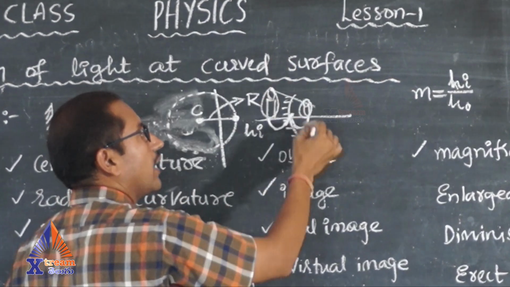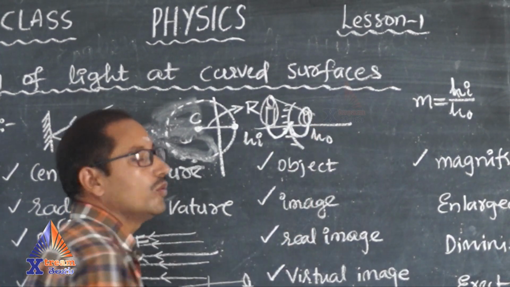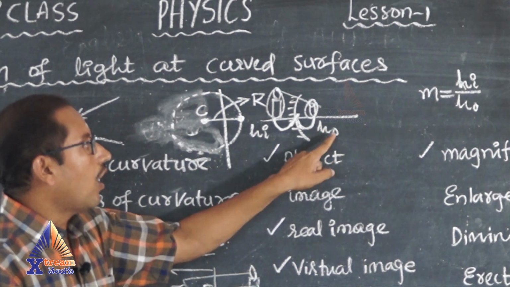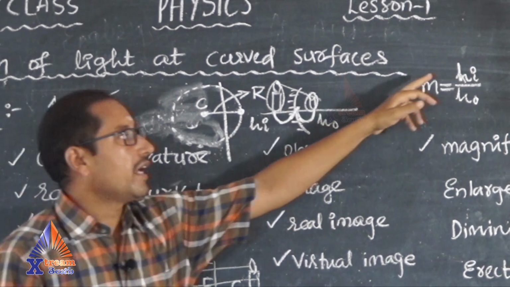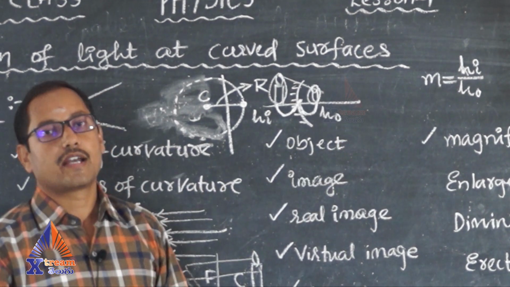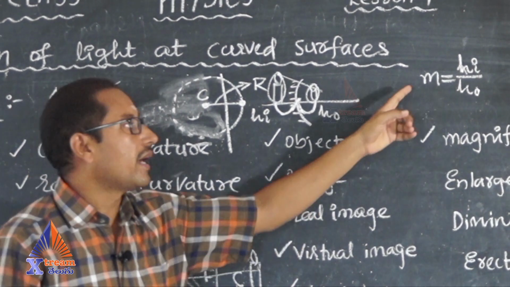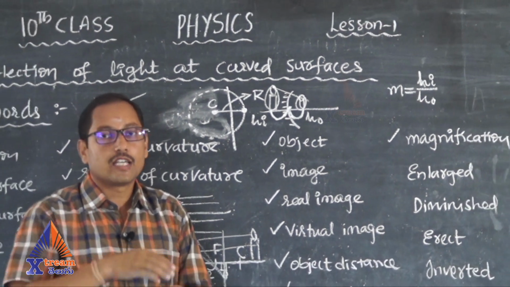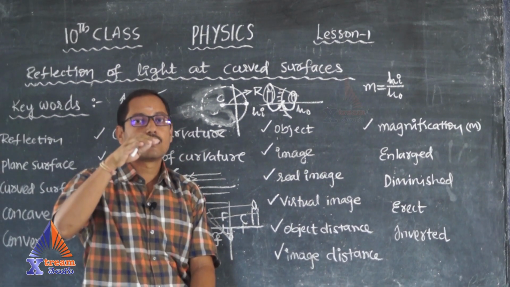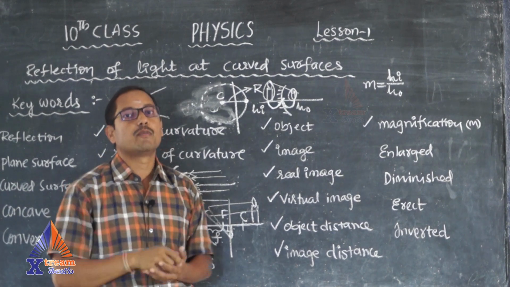Object has got some height, that is called as ho. Image height divided by object height is called as magnification, which tells us whether the image is enlarged or diminished.